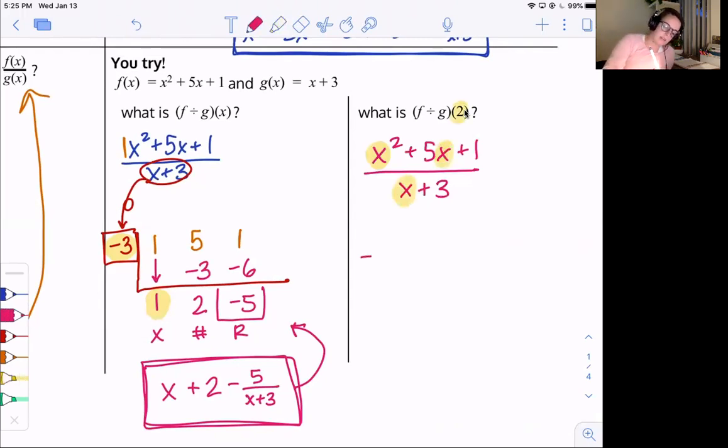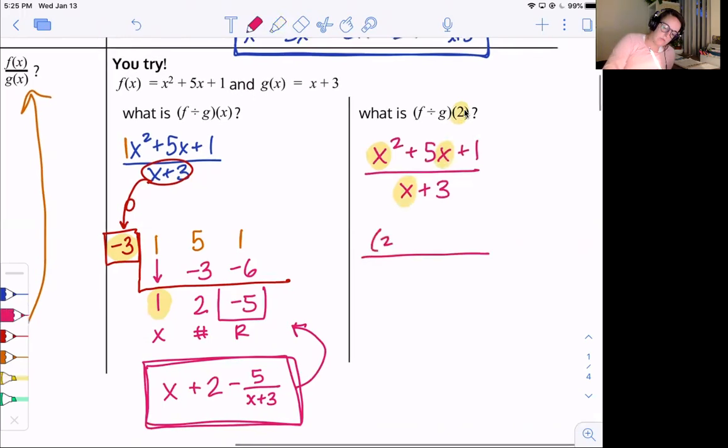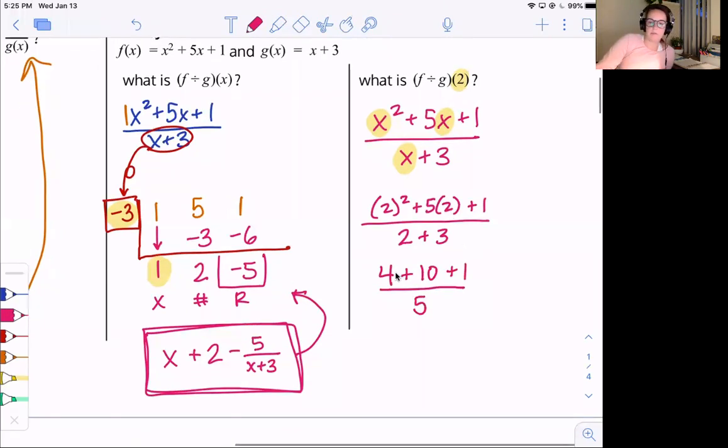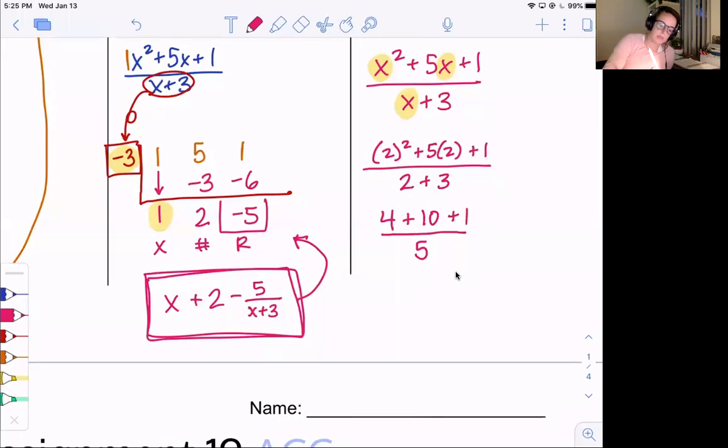So I would have here 2 squared plus 5 times 2 plus 1, divided by 2 plus 3. Right, so 2 squared would be 4, plus 5 times 2 would be 10, plus 1, over 2 plus 3 is 5. 4 plus 10 plus 1, that would be 15 over 5 equals 3.